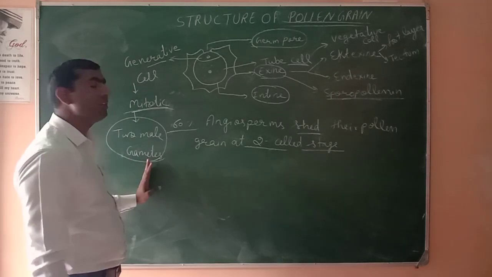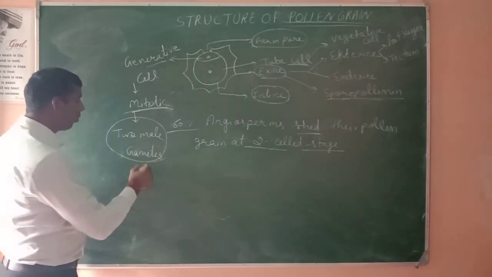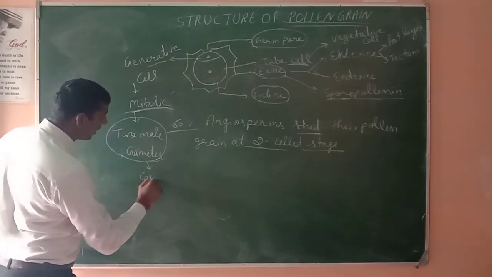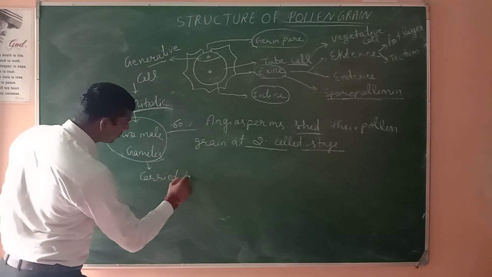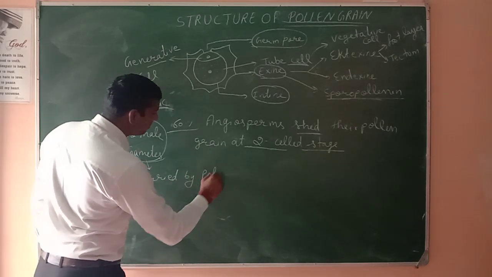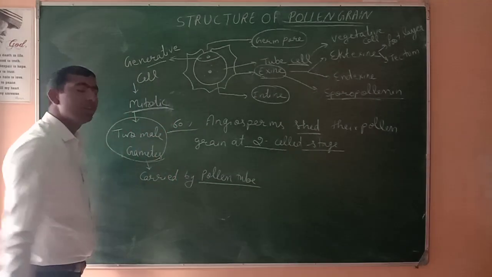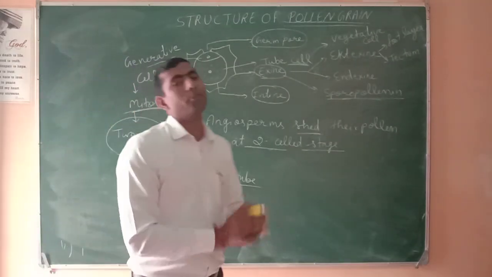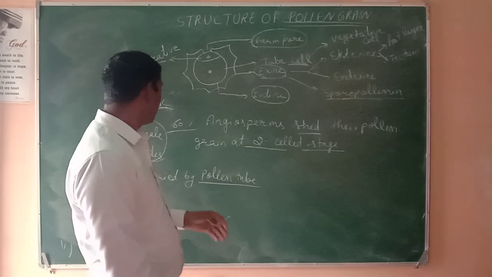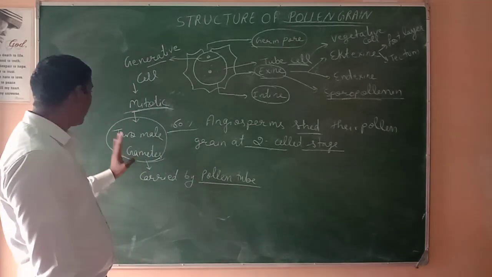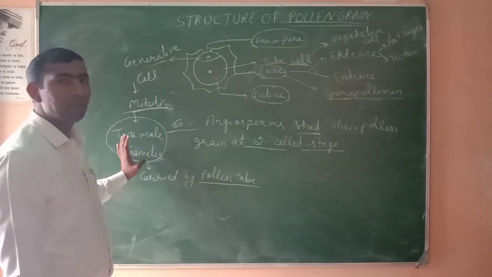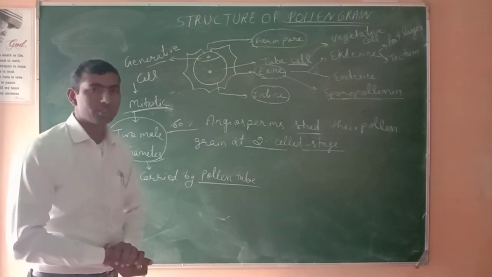These two male gametes are carried by the pollen tube and reach the ovule. There the pollen tube carries these two male gametes for the fertilization process.